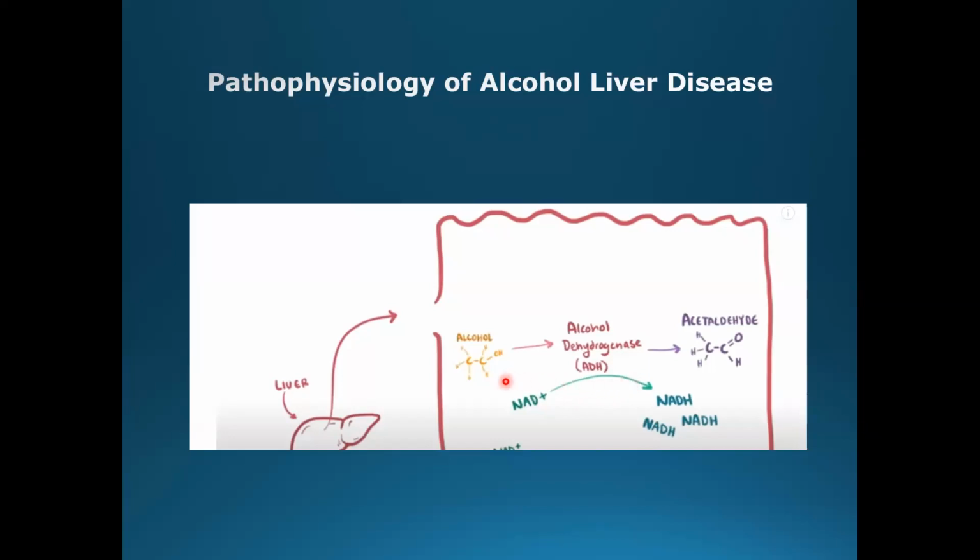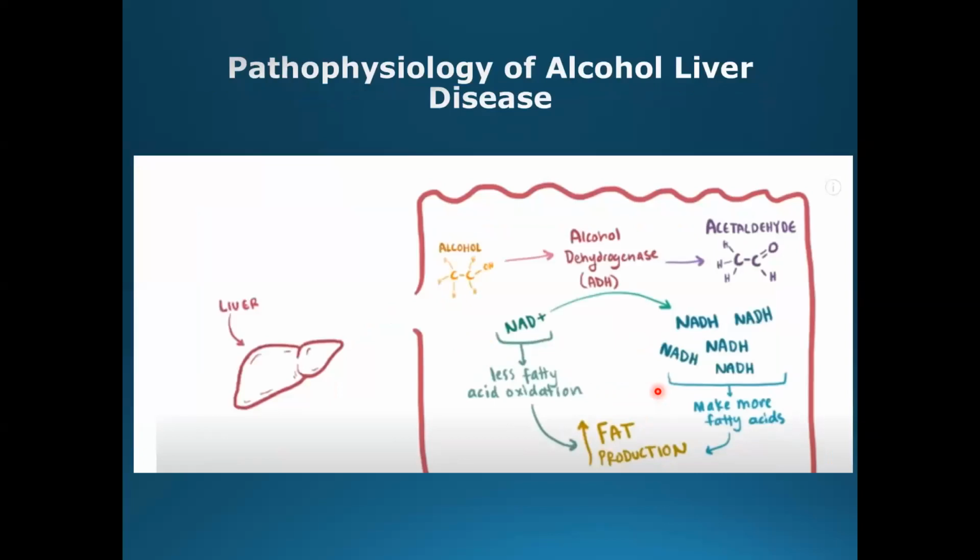Okay, so not only is it using up the NAD, but it is resulting in the production of NADH. So your question is going to be, what does the NADH do? This is how the fat deposition in the liver happens.